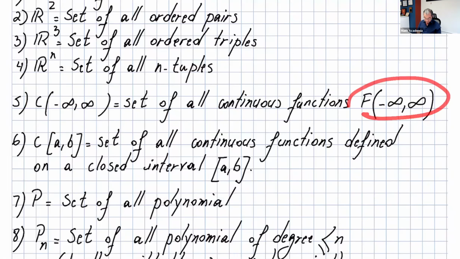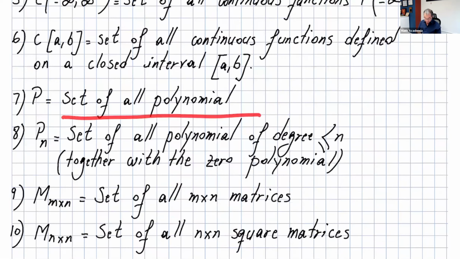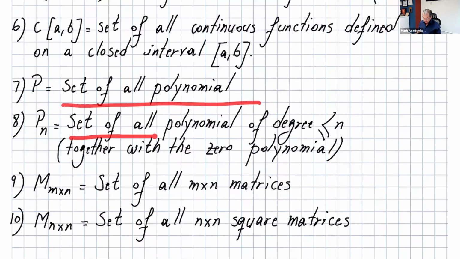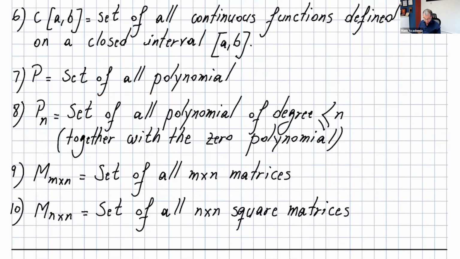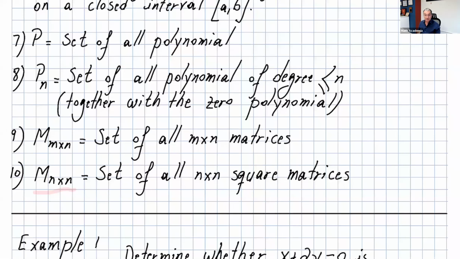You can see that notation with a C or with an F; I put both of them for you. Or C[a,b], the set of all continuous functions defined on a closed interval. Then we had the set of all polynomials, the set of all polynomials of degree less than or equal to n together with the zero polynomial, the set of all m by n matrices, and the set of all n by n square matrices.